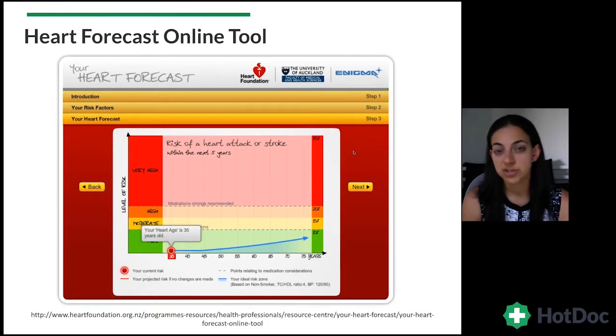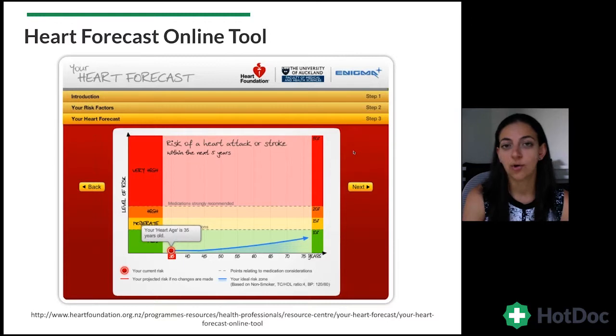For example, if you have a patient who's 45 years of age and the tool says you actually have the heart of a 60-year-old or 70-year-old, which is not very good, that seems to resonate a lot more with patients: the health of my heart is that of a much older person than what I should be.